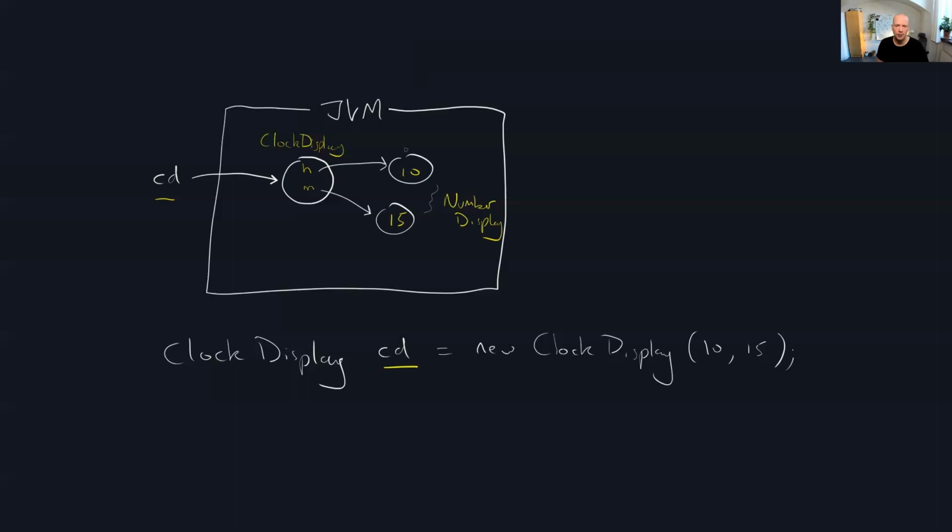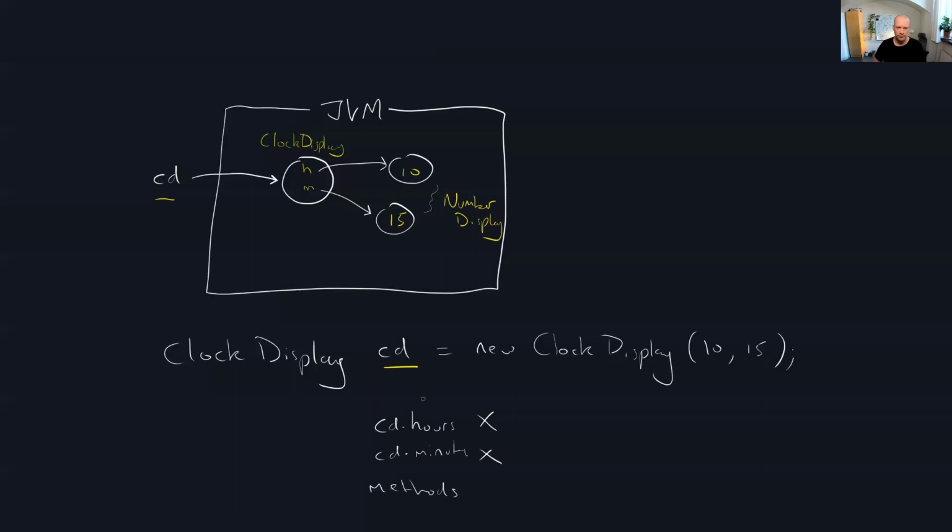We have to do everything through the clock display, and because we made it private, we can't say clock display.hours, that doesn't work, or clock display.minutes, that doesn't work either. We have to use the methods to access these.